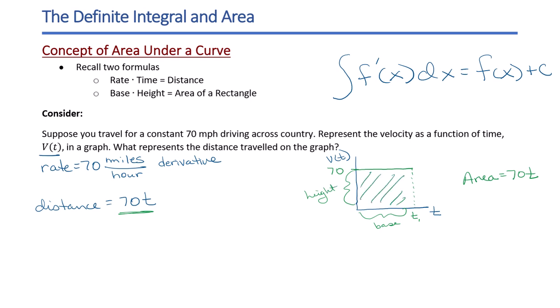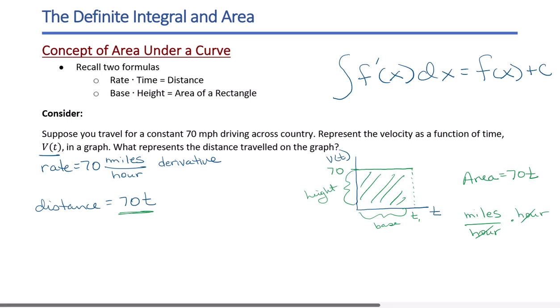So we have an area equaling that distance. Well, if you think of it, again, our rate is miles per hour, and you multiply it by the hour, we're left with just the miles.